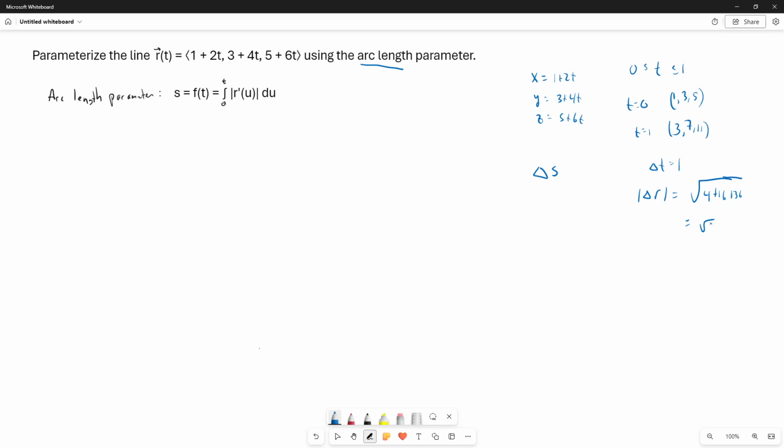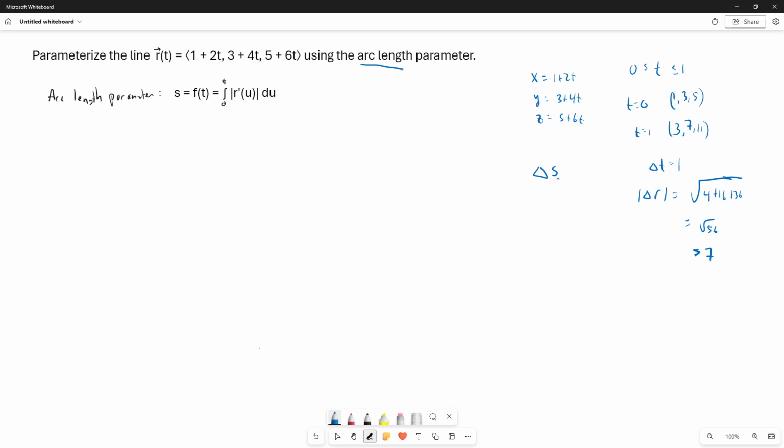That's the square root of 56, which is more than 7. So a change in this parameter of 1 yields a change of more than 7 in how far we've gone on the curve. So that's definitely not an arc length parameter.